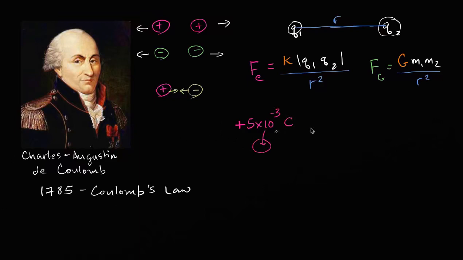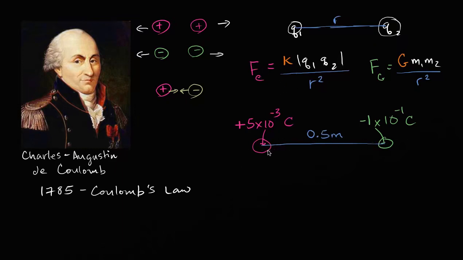And let's say I have this other charge right over here, and it has a negative charge, let's say negative 1 times 10 to the negative 1 coulombs. And let's say that the distance between the two is 0.5 meters. So given that, let's figure out what the electrostatic force between these two is going to be.